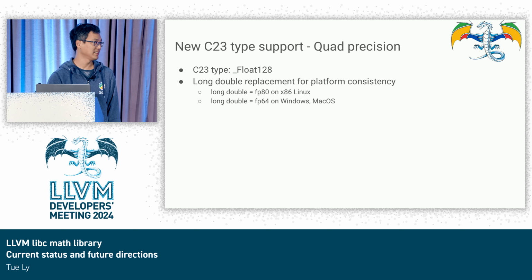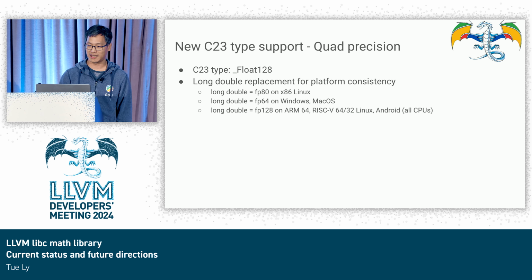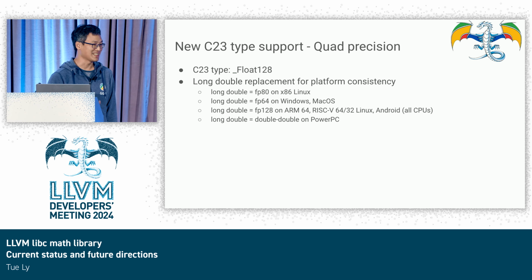It is literally just double precision on Windows and macOS, and I think there might be more. It is 128-bit quad precision on ARM, RISC-V, and Android. And this one we just learned about very recently. It is double-double on PowerPC. And I really don't know how they implement that in hardware.